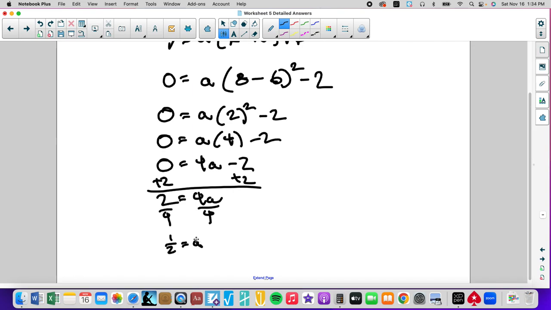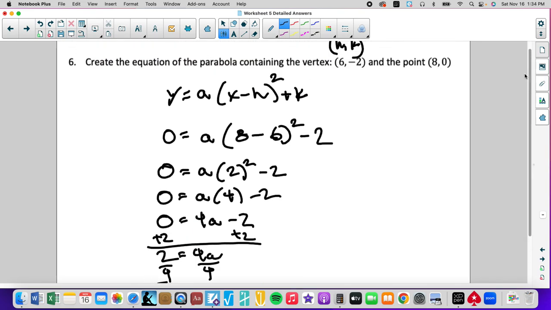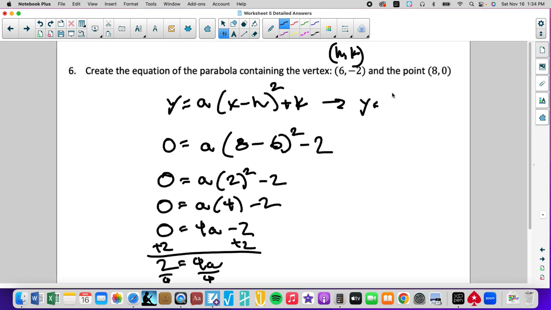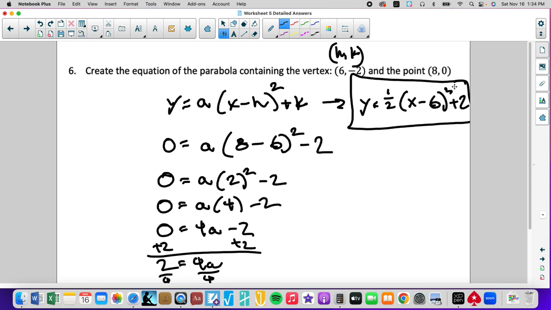Okay, and now we write our final equation. Y equals, was it negative 1/2? Positive 1/2. Y equals 1/2 times x minus 6 quantity squared plus 2. That should be our solution. That should be the equation.